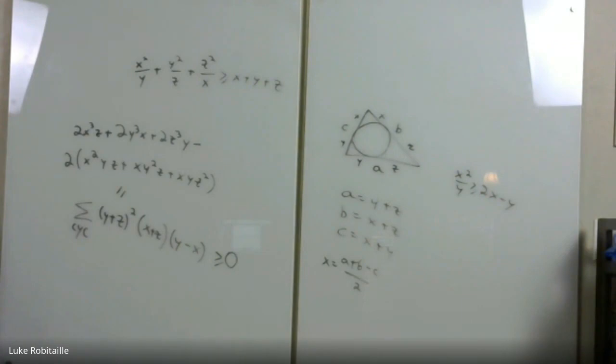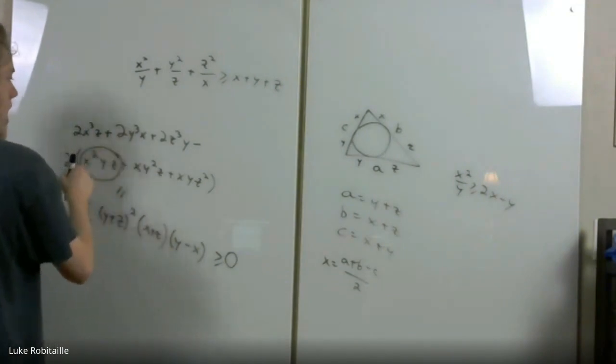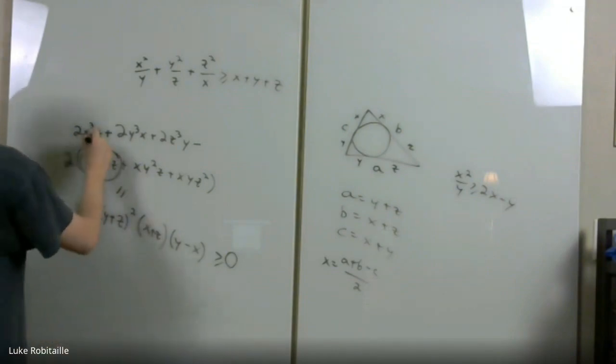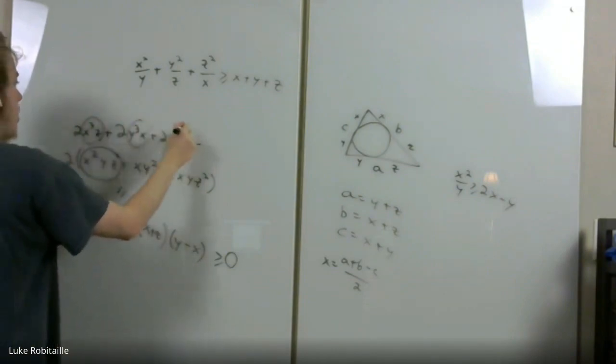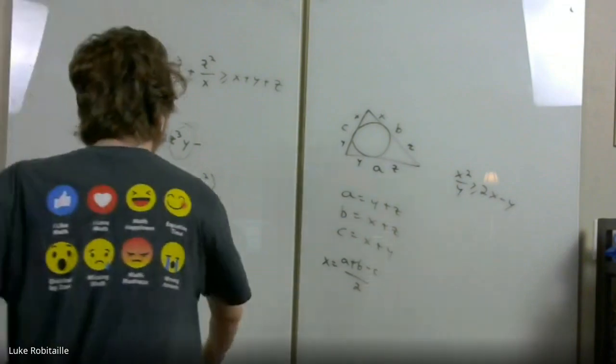There's also another solution where you could apply weighted AM-GM to get this x squared yz as a weighted geometric mean of these. I think it involves something like 4/7, 2/7, 1/7, and then summing that up will give you what you want. Let me explain where that comes from.